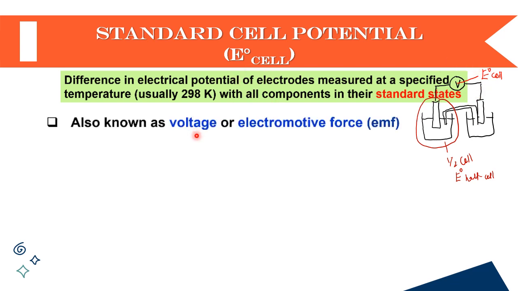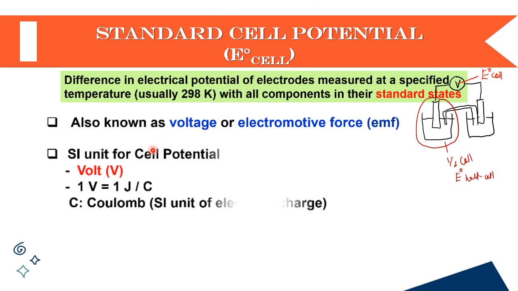Please take note that besides the name E0 cell, the difference in electrical potential, the standard cell potential, is sometimes also called voltage or electromotive force, EMF. So if the question talks about the EMF value, it wants you to find the value of the E0 cell.